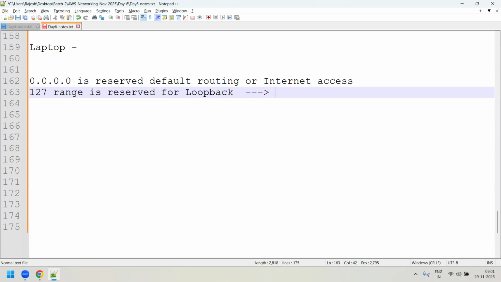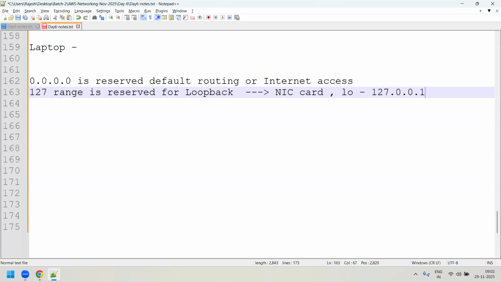Basically, in your system you have a NIC card. Whenever you have a machine with an operating system, it understands the NIC card, and by default the NIC card will have one interface which we call the LO, loopback interface, and it always has an IP address like 127.0.0.1.